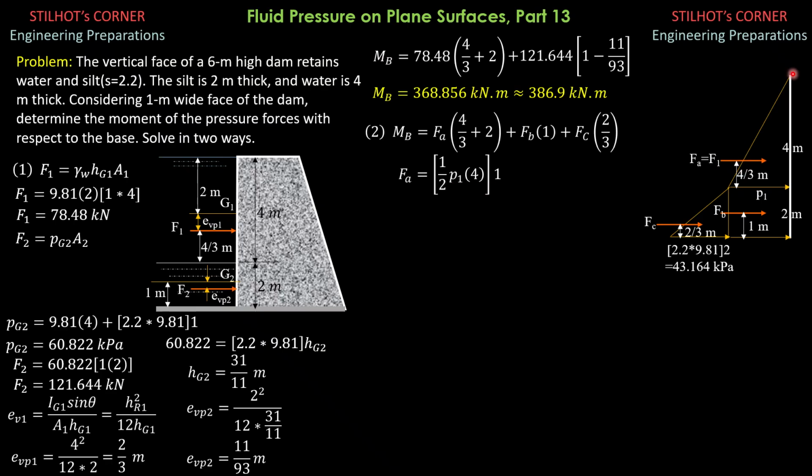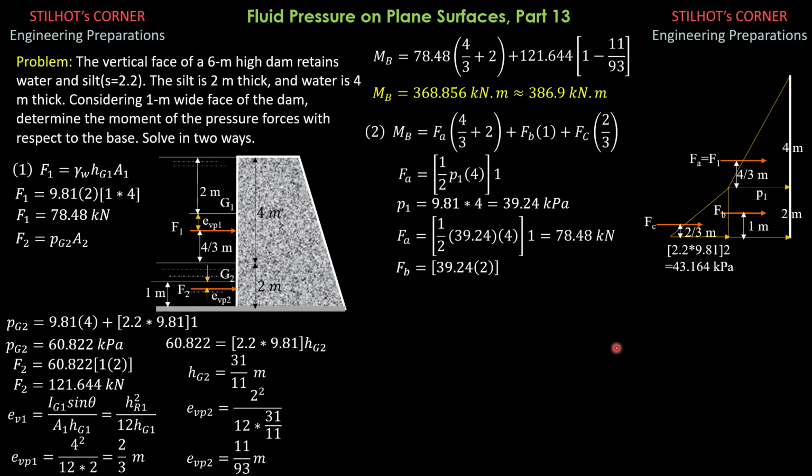Now P1 is equal to the specific weight of water times 4, 9.81 times 4, and that is 39.24 kilopascals. Substitute there. FA equals 1/2 of 39.24 times 4 times 1, and that is 78.48 kilonewtons, which is the same as F1. Now, FB is simply the volume of this pressure diagram, and it is equal to P1 times 2 times 1.